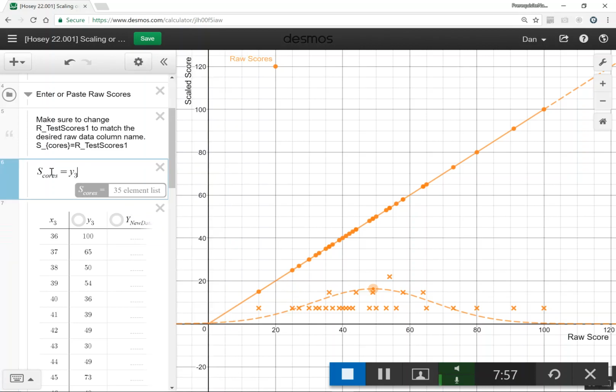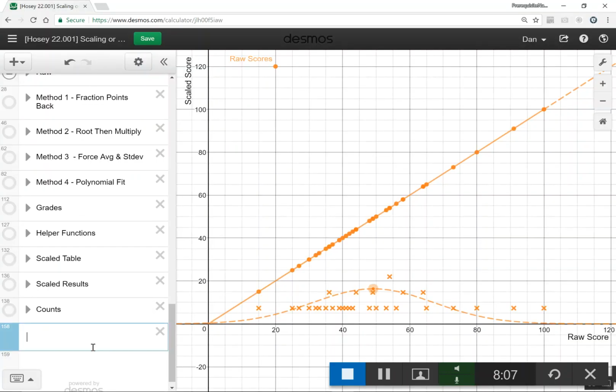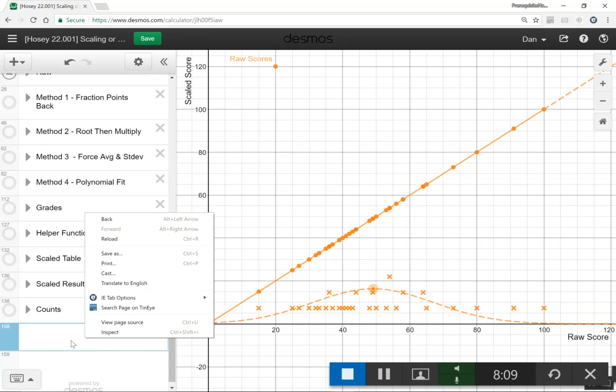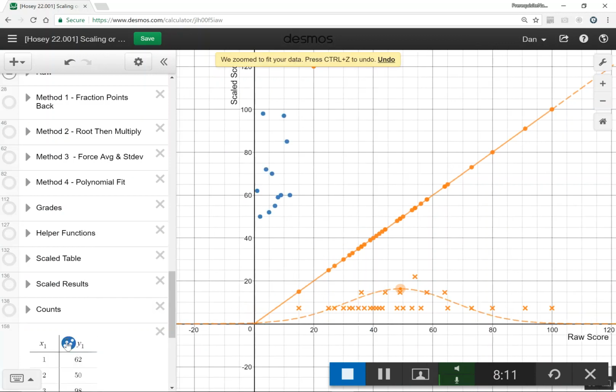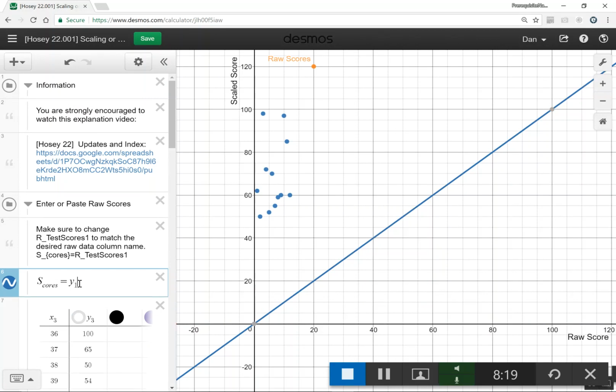This is what data is being fed into there. So you can have different sets of data and feed it in there. You can also paste data in from somewhere else like Excel, but I've noticed it has to be 2 columns. So you just go to a new spot there, and then you Control V, paste it in, and it shows up there. And whatever this is, remember, go back here and make that the same name. So in this case, Y1.